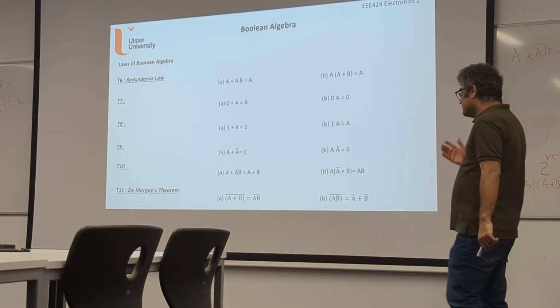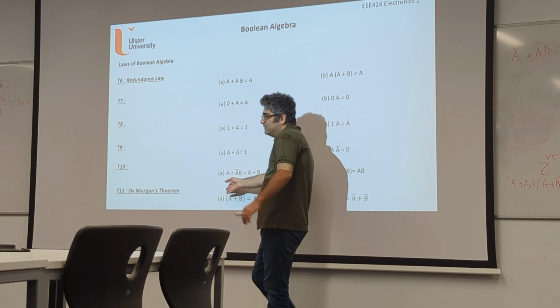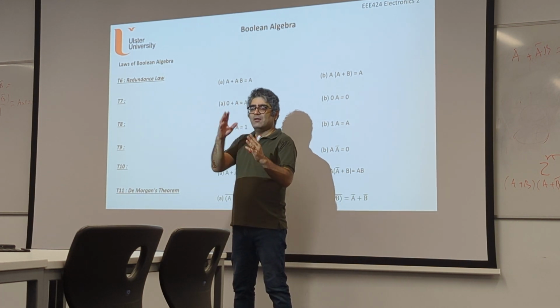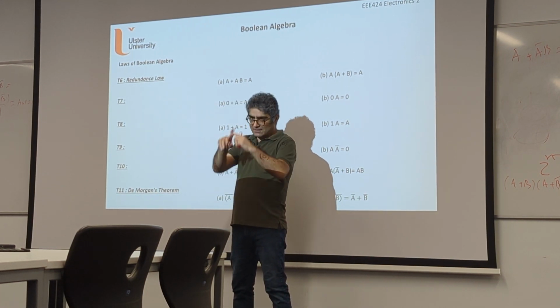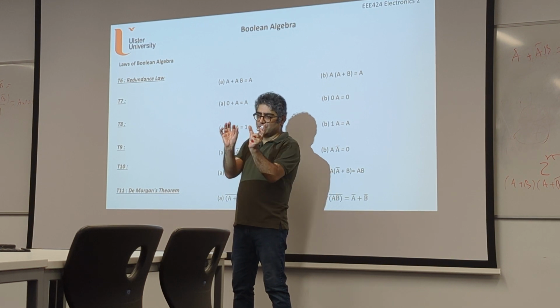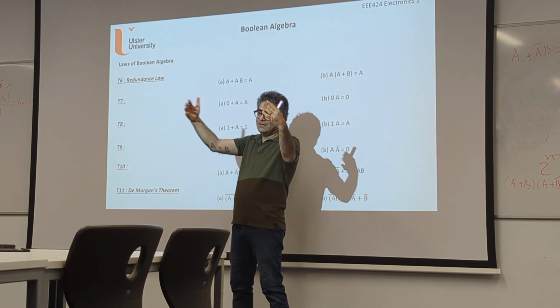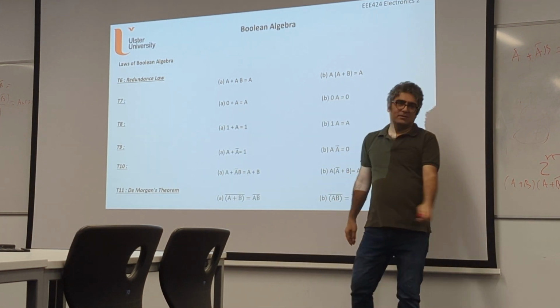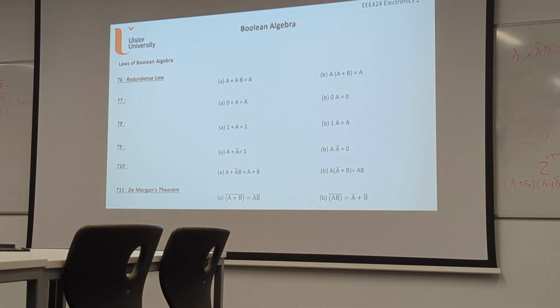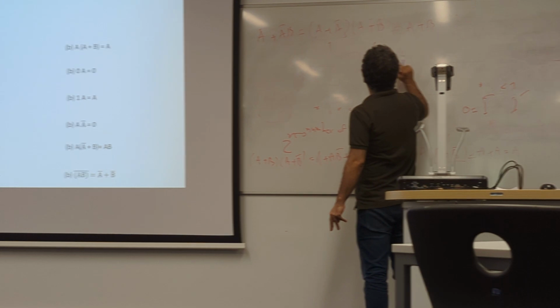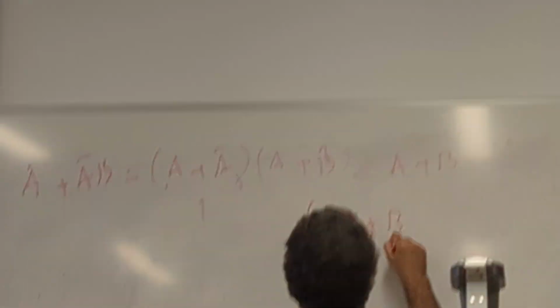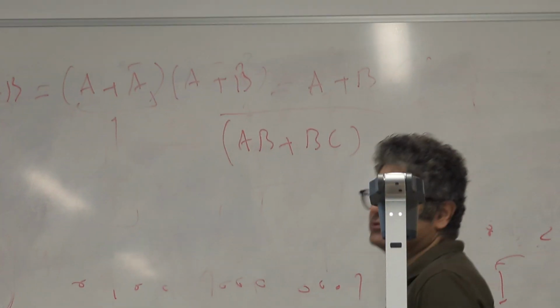Nothing more. Then imagine, in the example of A plus B naught, I give you xy plus yz, then I ask you to make not that. Then you should separate them with not, and then you can continue and solve. Let me give you one example before I finish. A more complex example I give you, for example, it can be a question. AB plus BC, not. We want to solve that.